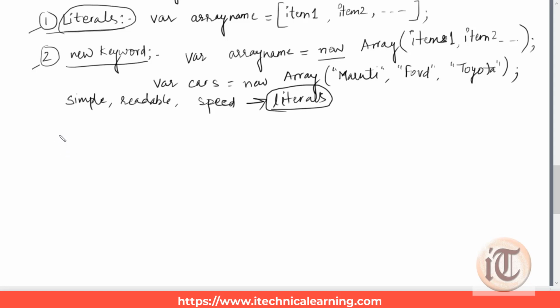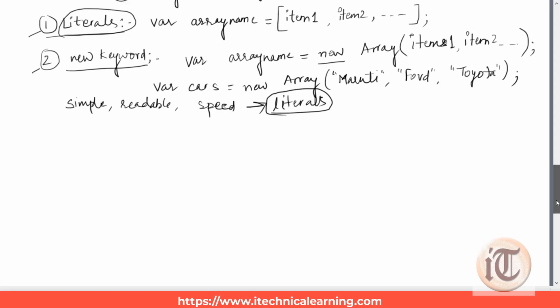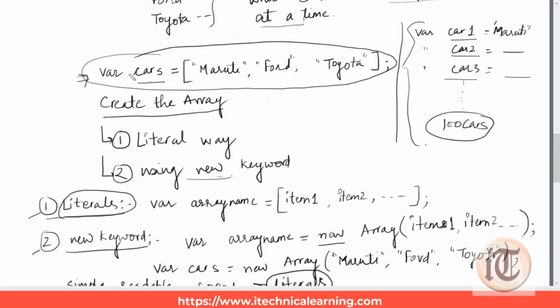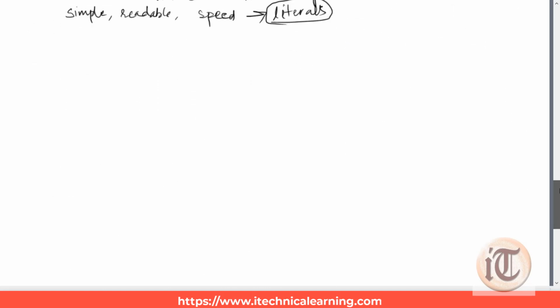So if I have to declare the literal way in JavaScript, then I can use the variable cars like this, or we can use another way of writing the same code.